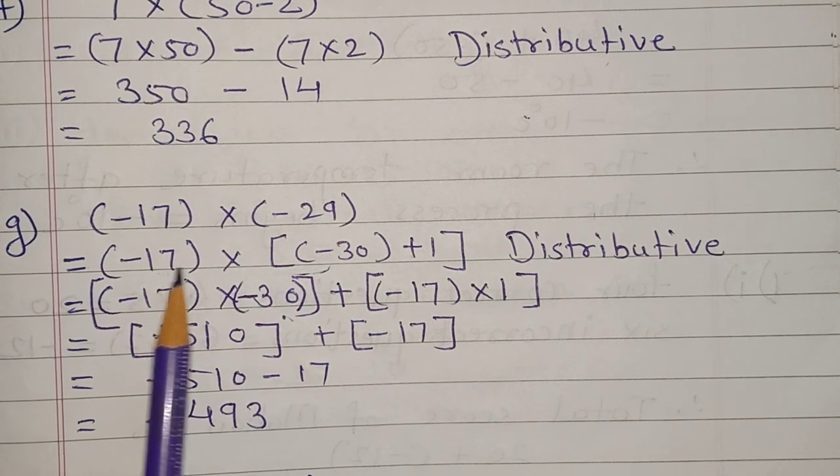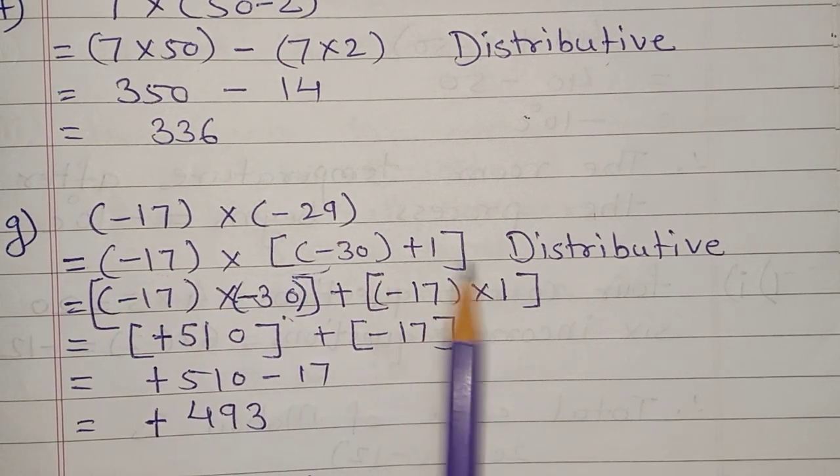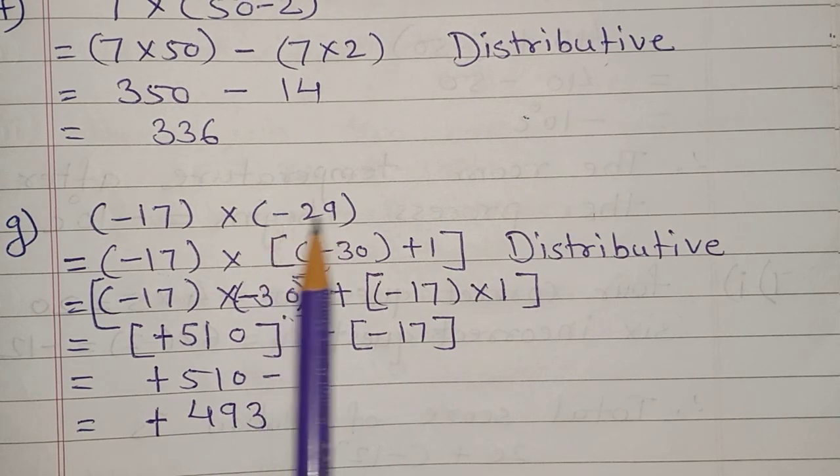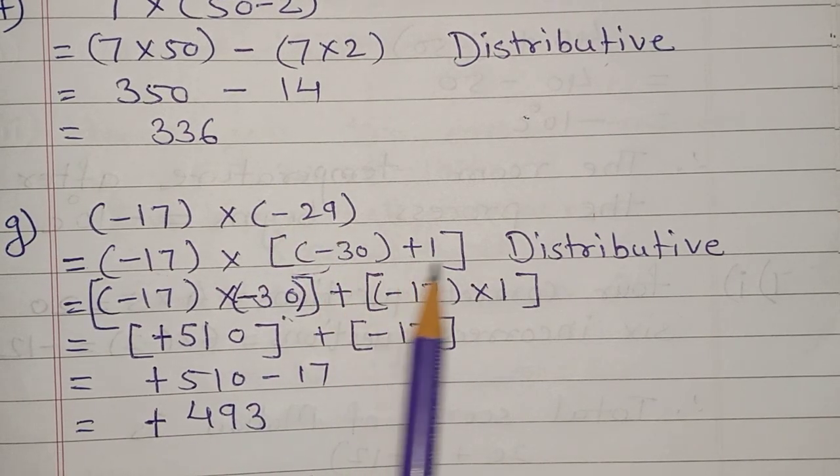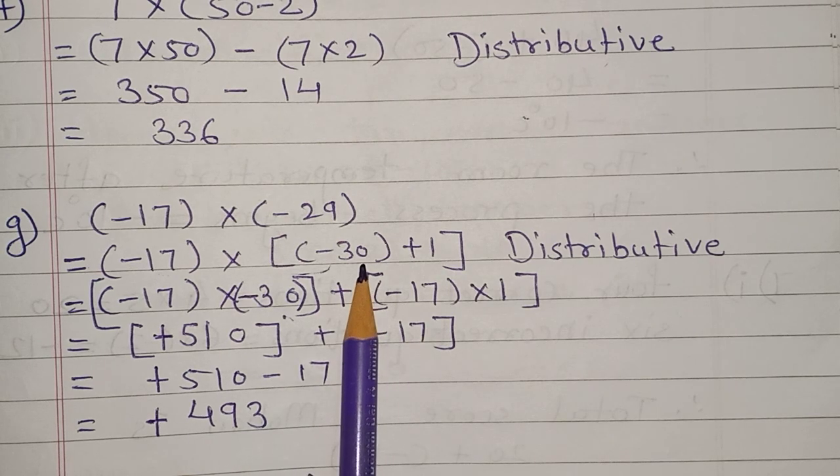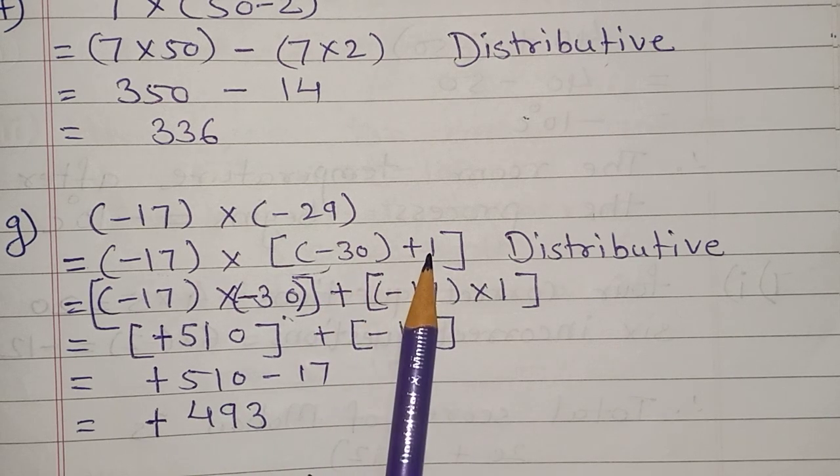So here it is minus 17 into minus 30 plus 1. Minus 30 plus 1 gives the answer minus 29 only. So for making the multiplication easier, I have written it this way.